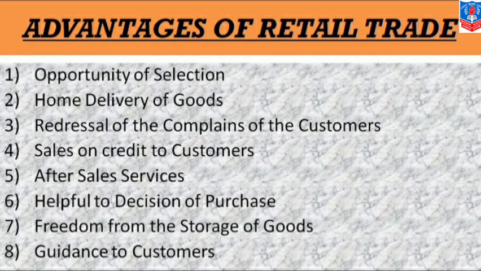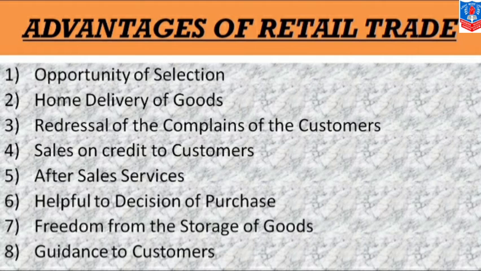Third, the retailer takes complaints about goods and difficulties from customers and sends the same to the wholesaler and producer. It results in fast redressal of complaints. Fourth one, sale on credit to customers. The retailer is in direct contact with the customers and accordingly he is well informed about their economic condition.